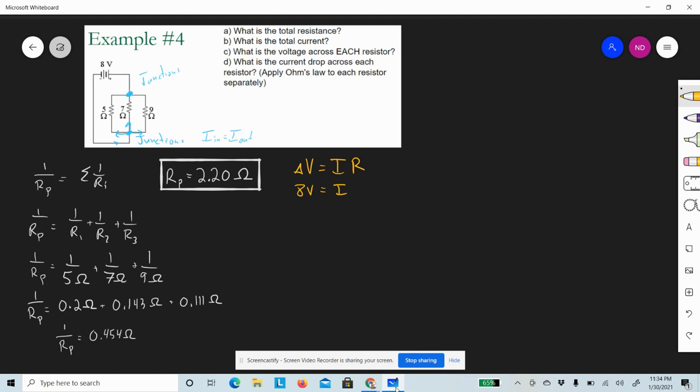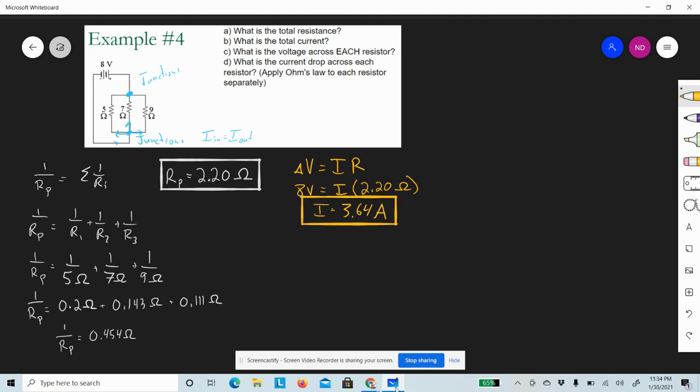We have to use the overall resistance, which we just figured out was 2.20 ohms. So I equals 8 divided by 2.2, or 3.64 ohms. Oh, no, sorry, not ohms. What am I saying? Amps. Current is measured in amperes.